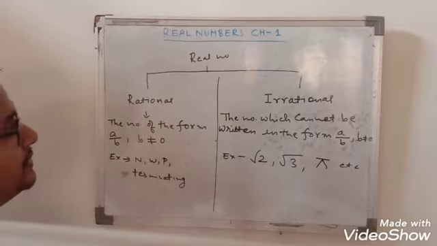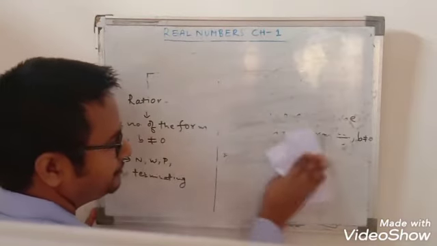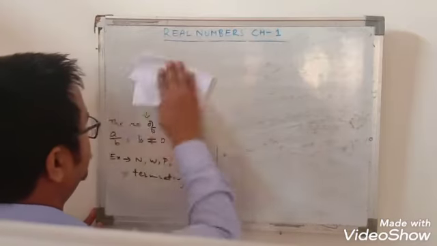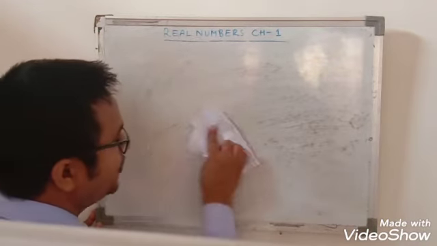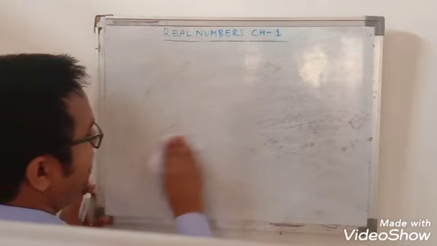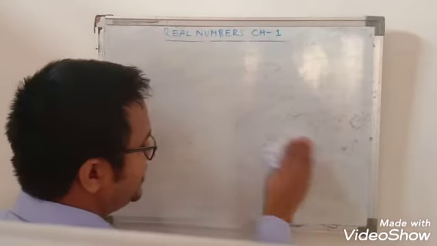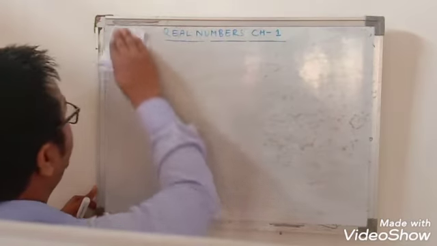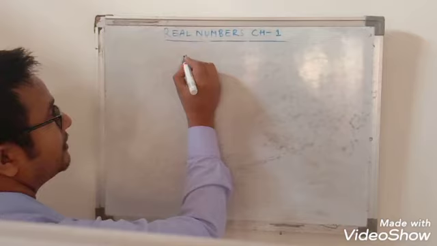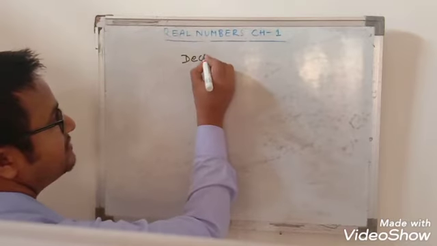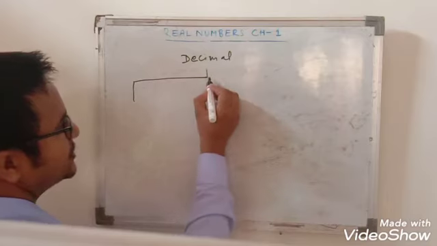Right. Try to write it. So now I am writing another part, that is how we can write the definition and types of the decimal representation of rational numbers. Decimal is of two types. This also you write.